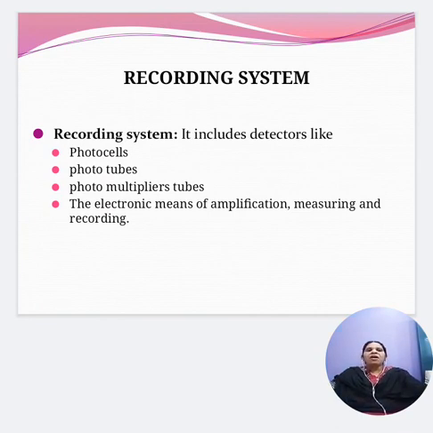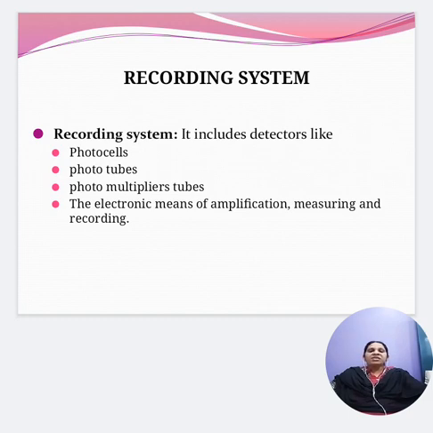The third component of a flame photometer: the first one is the emission system, the second one is the optical system, and the third one is the recording system. The recording system includes detectors; photodetectors are most commonly used.